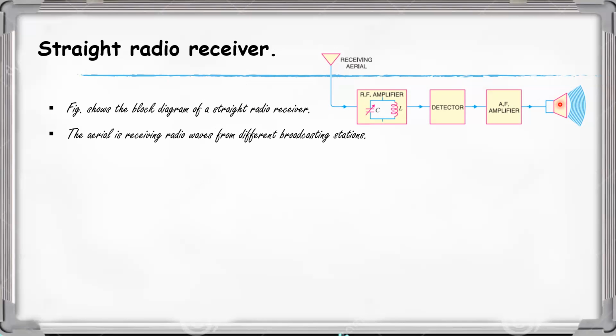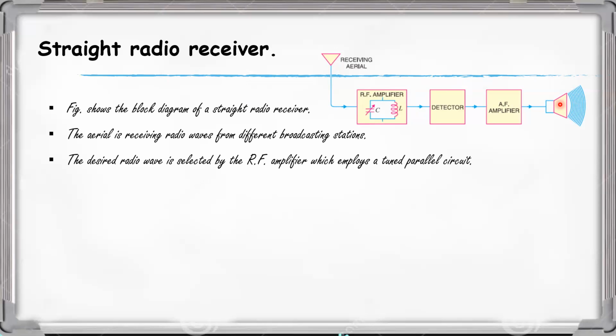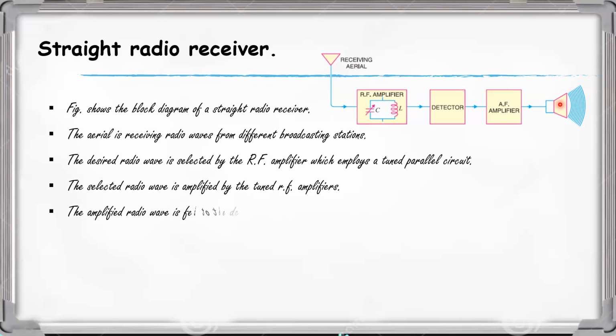The aerial receives the radio waves from different broadcasting stations, and the desired radio wave is selected by the RF amplifier, which employs a tuned parallel LC circuit. This amplifier selects a particular radio frequency, and also amplifies the radio signal, and the amplified radio wave is fed into the detector.